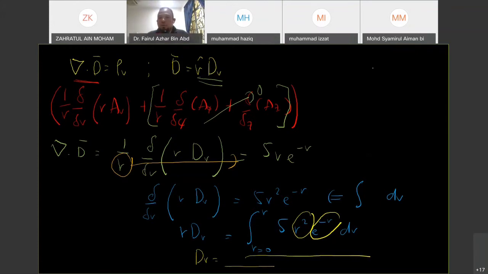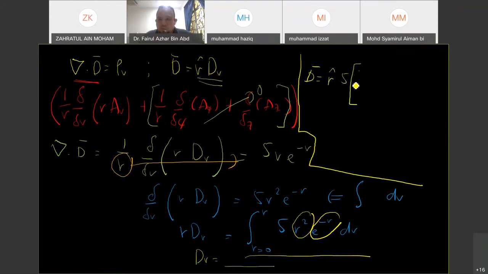Okay, so based on whatever is given in the tutorial, we will have the vector of D is equal to r cap 5, so we have 2 divided by r, 1 minus exponential power of minus r, 1 plus r, minus r e.